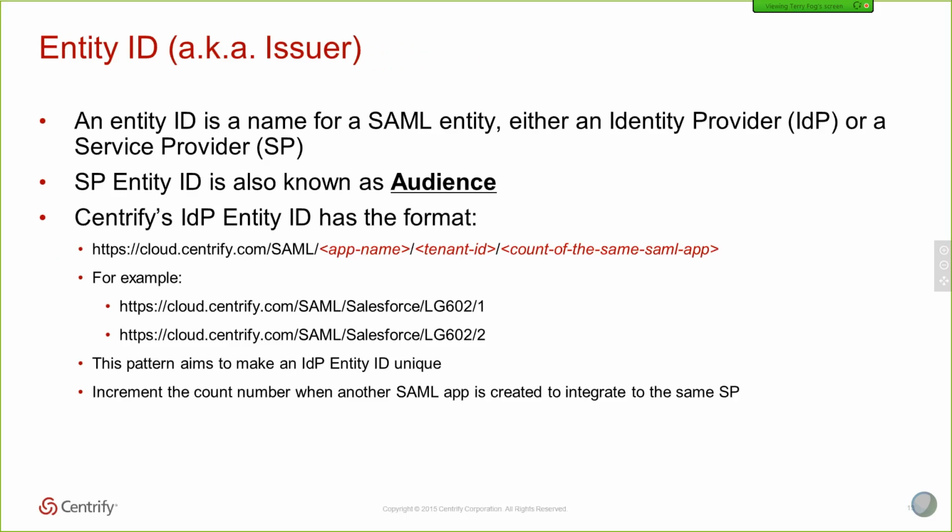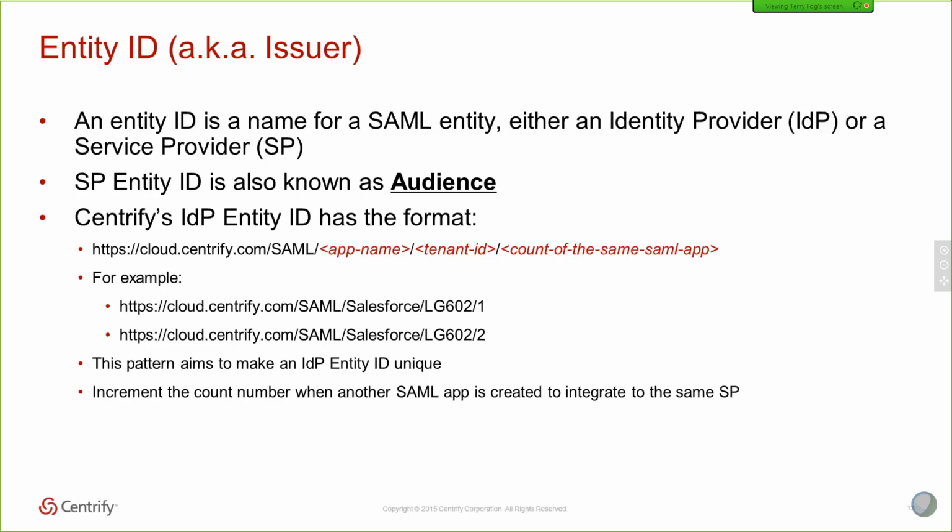What pieces of information need to be exchanged? The first one is the entity ID. So what I just said about when I want to send you a letter, I need to know whom to send it to, and then in the return address, if you will, who am I. In SAML, that is called an entity ID. It has another name called issuer.